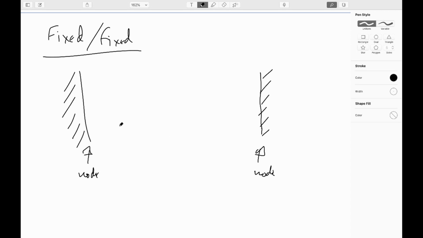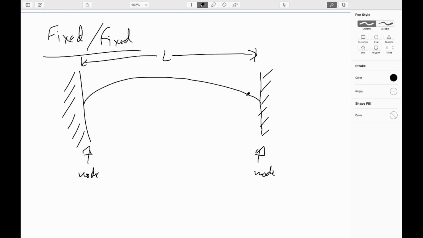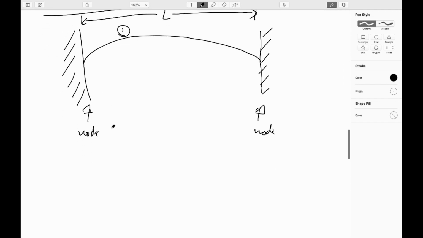So let's say the distance between my two boundaries, my two supports, is L. Let's try to figure out the longest wave I could fit in here. Well, if I put in just one loop, the distance from one node to the next, that would do it. So we'll call this just example number 1, just so we can keep track of it.